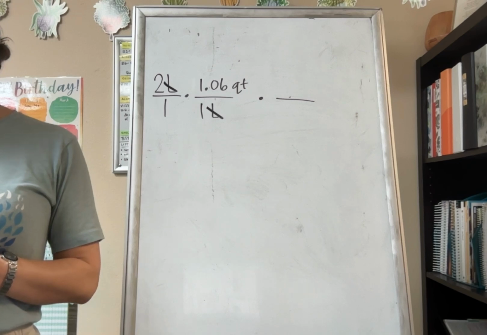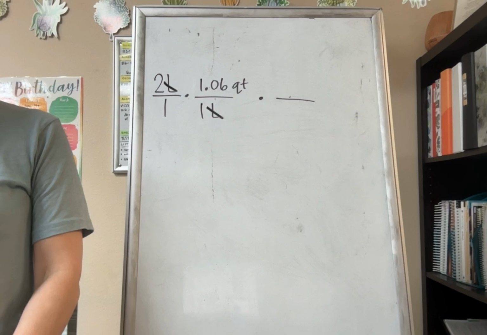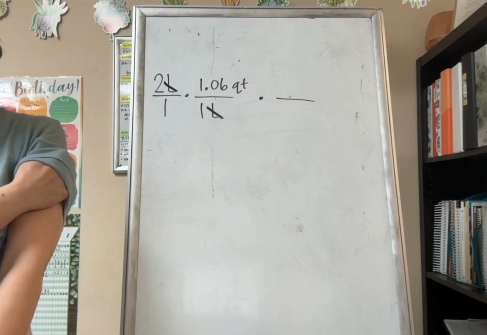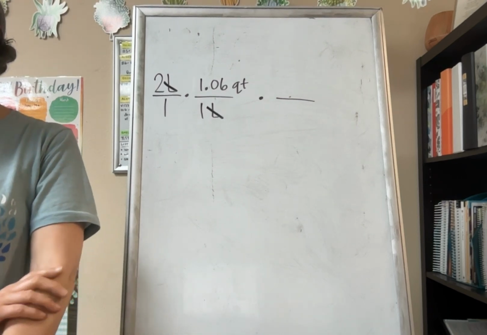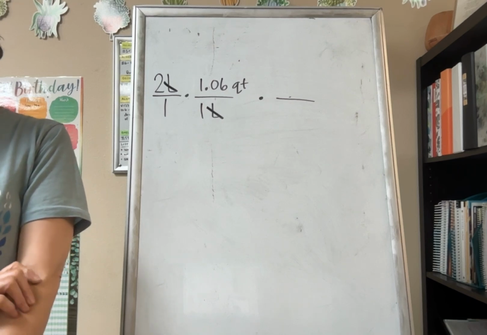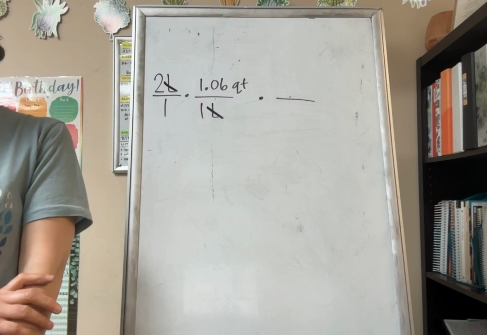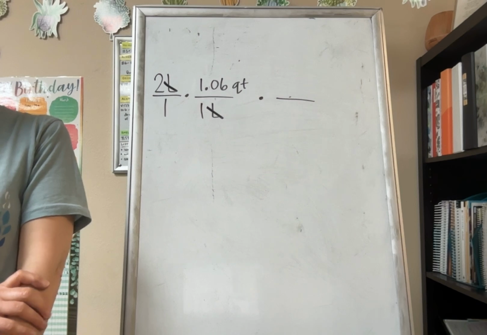2 cups are in a pint. How many cups are in a quart? 2 cups in 1 quart? 2 cups are 1 pint and 2 pints are 1 quart.